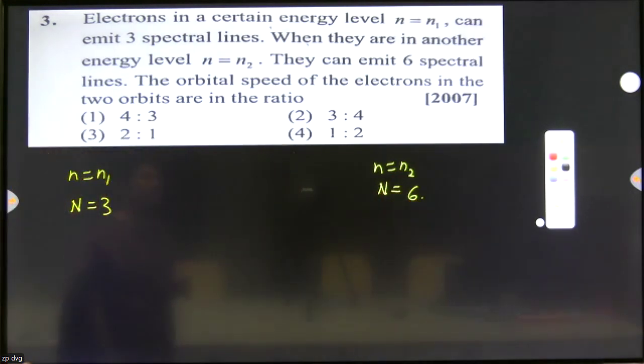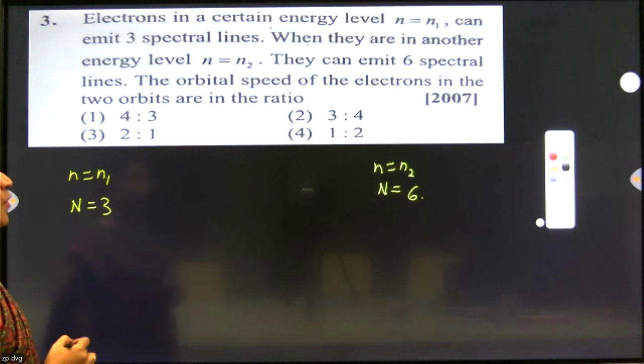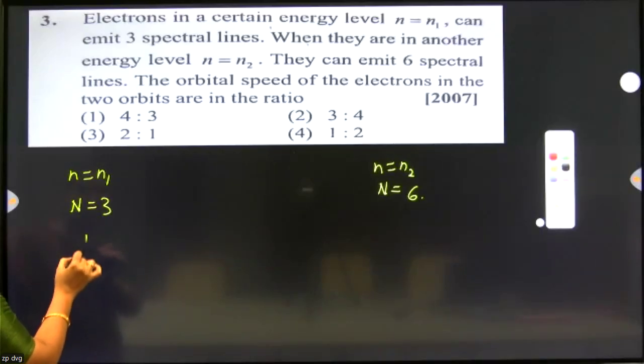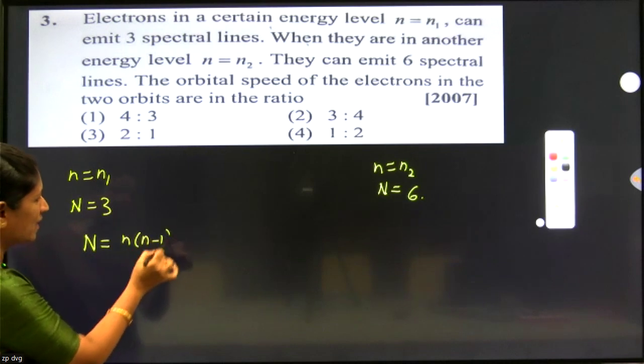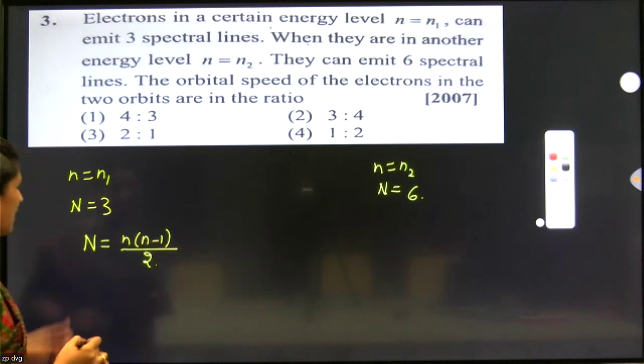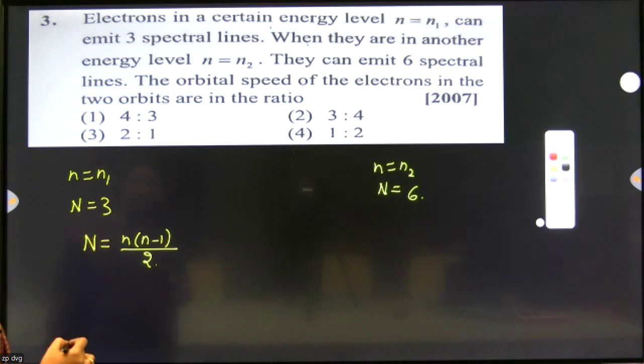The orbital speed of the electrons in the two orbits are in the ratio. We know that the number of spectral lines emitted by the electron when it makes transition from one energy level to ground state is n into n minus 1 by 2. These are the number of spectral lines or photons emitted by the electron while making transition.